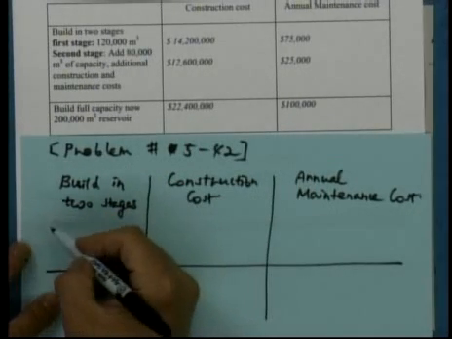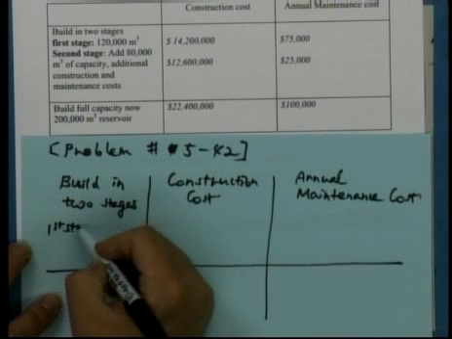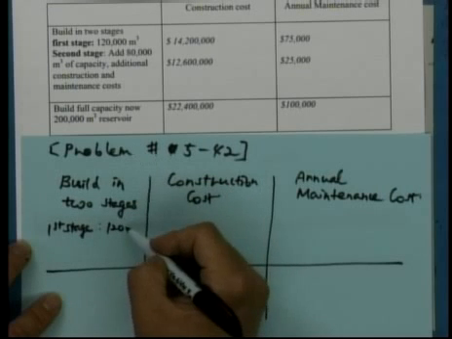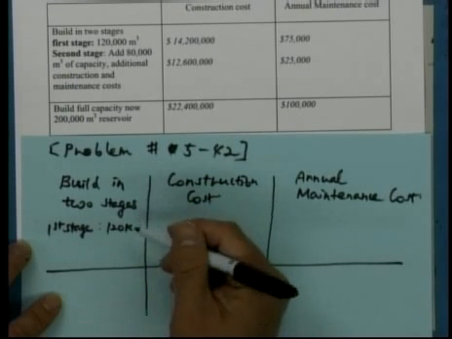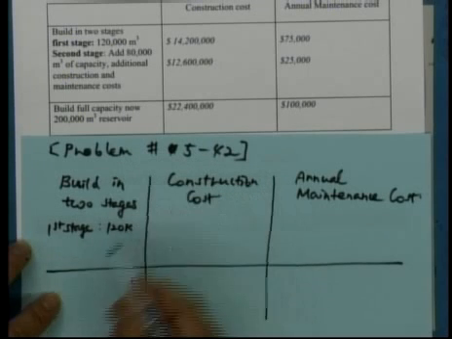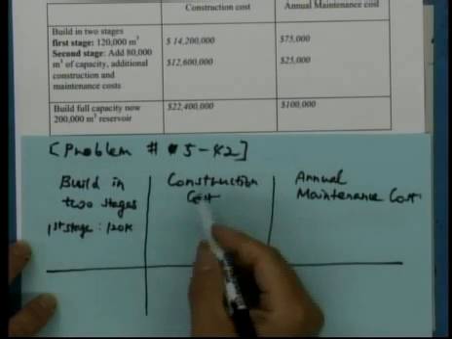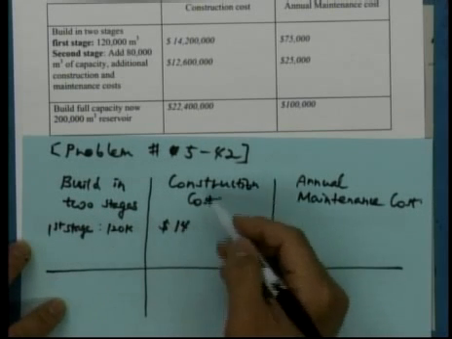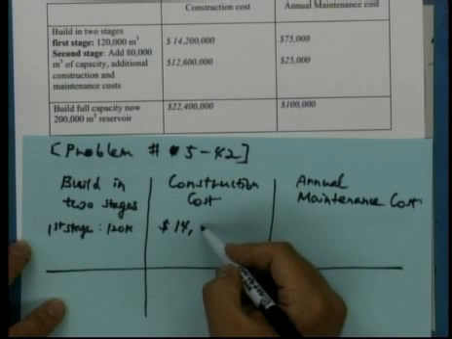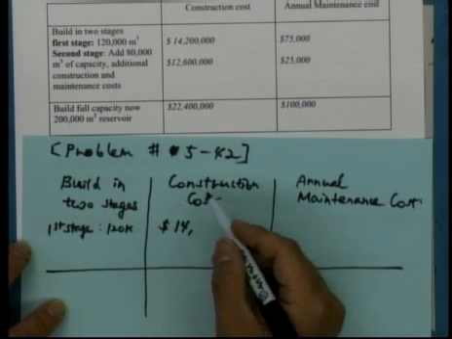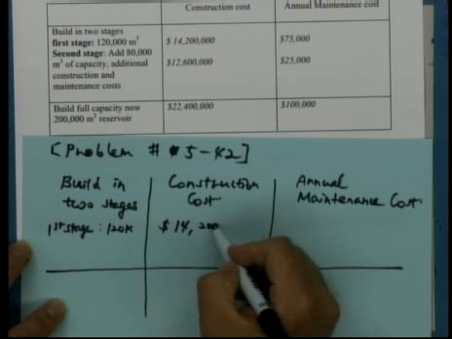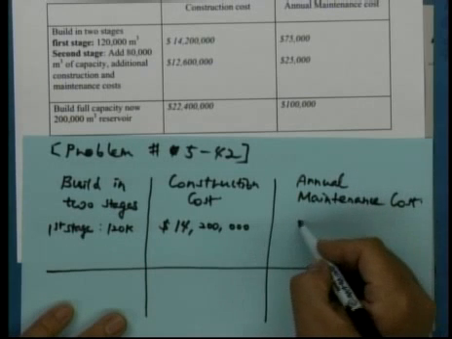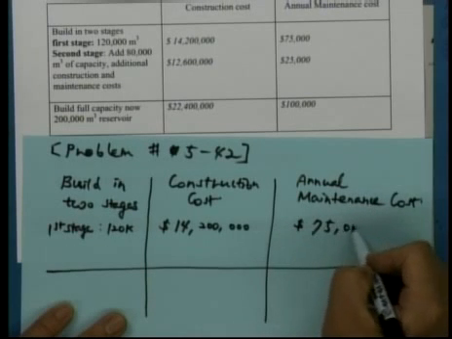For the first stage, which is about 120,000 cubic meters, the construction cost will be $14,200,000, and annual maintenance cost would be $75,000.